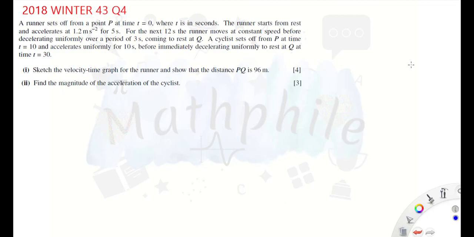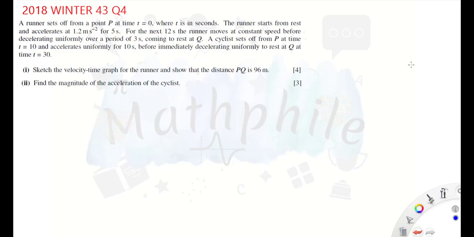It's not so difficult. We're going to solve the last two questions, then you solve the rest by yourself. Okay. So let's solve this question. Let's be fast about it. 2018 Winter 4-3 variant, question number 4.